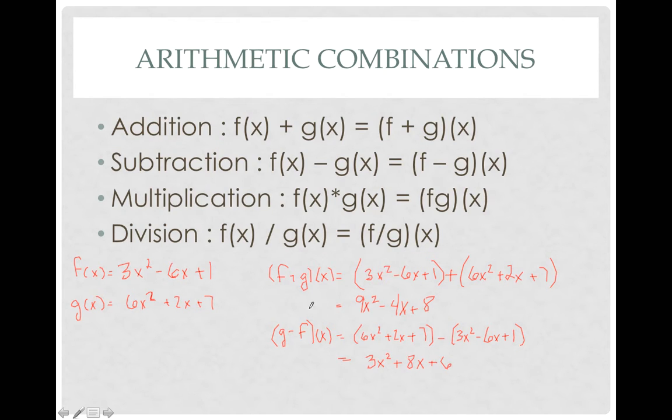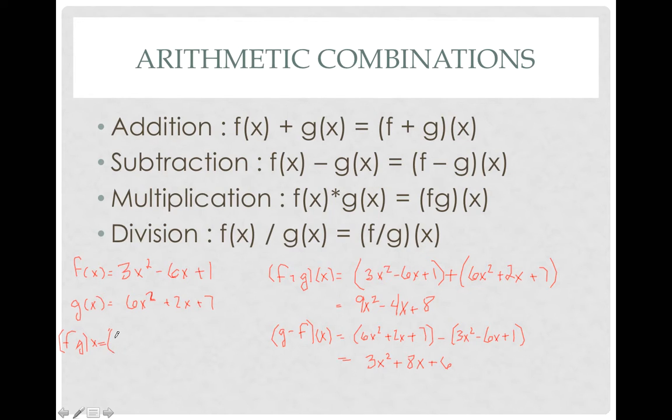All right, so there's the addition, subtraction. Multiplication, same idea. If I did f times g, I would have to FOIL. I have to multiply the entire f of x times the entire g of x. So here would be f g of x. I would make something look like this.